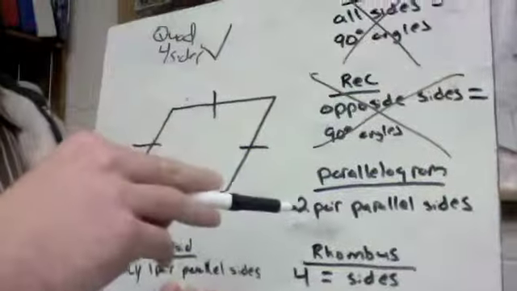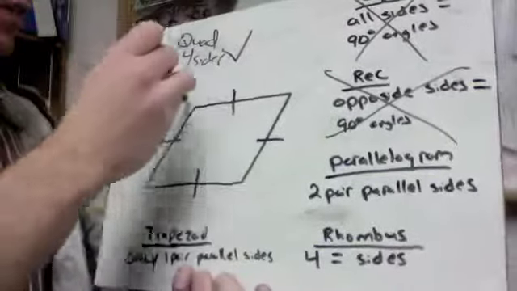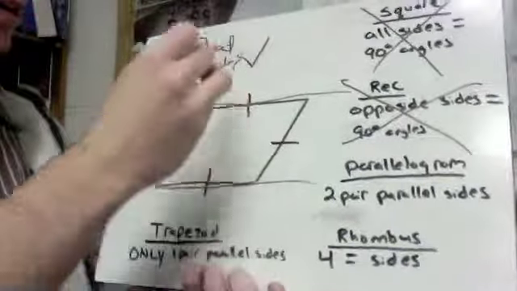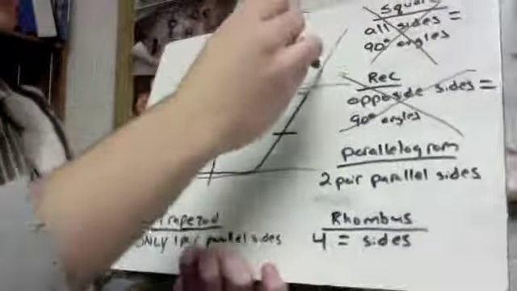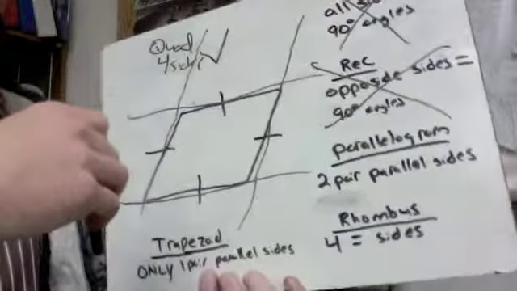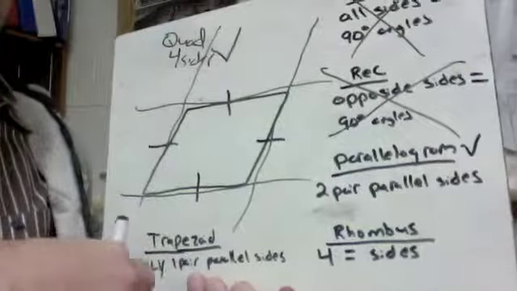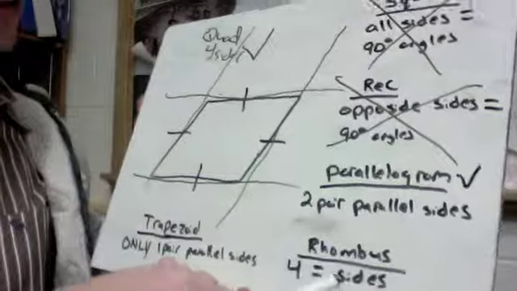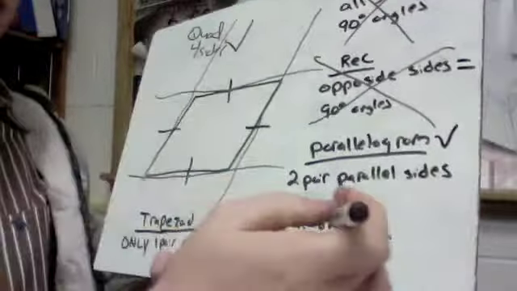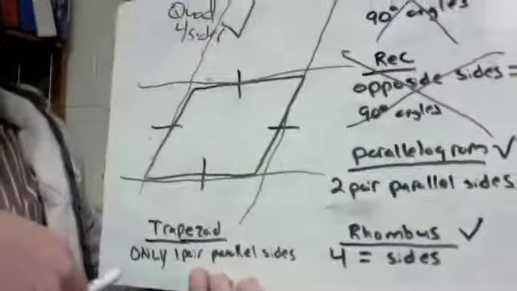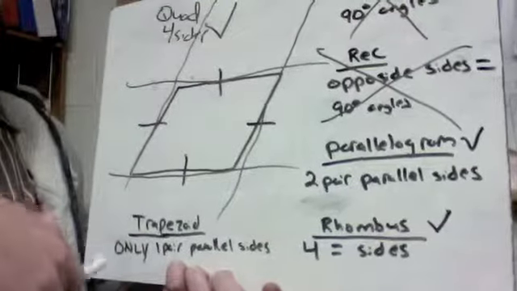Parallelogram, 2 pairs of parallel sides. I believe that those 2 sides are parallel, and I also believe that those 2 sides are parallel and will never touch. So parallelogram, definitely. Rhombus, 4 equal sides. All equal, check. Last one, trapezoid, only 1 pair of parallel sides.